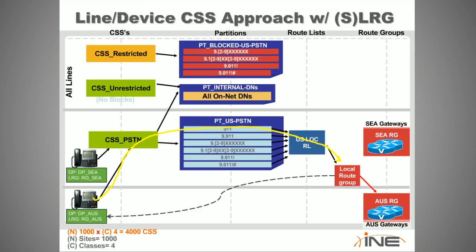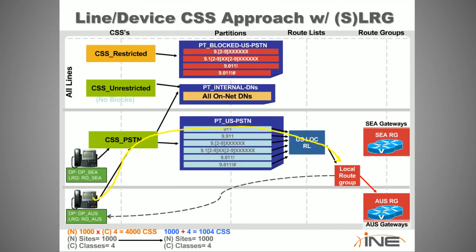Okay, so let's remember, we started with N times C, or sites times classes. So 1,000 sites times 4 classes was 4,000 CSSs. And we started out with 6,000 patterns, 1,000 partitions, 1,000 route lists and 1,000 route groups. Okay?